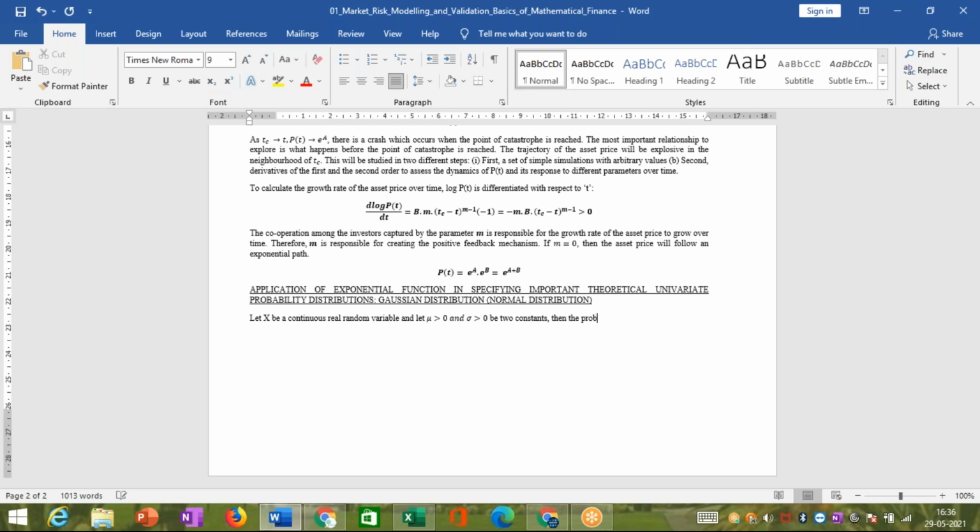Then the probability density function of the normal distribution, or the Gaussian distribution, can be defined as follows.